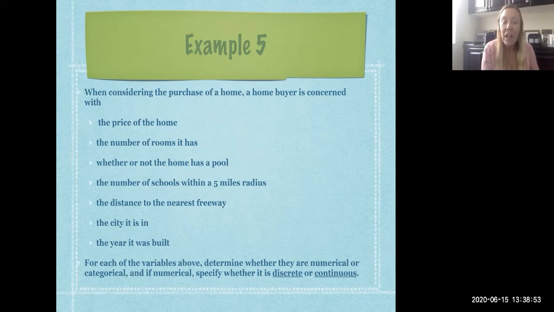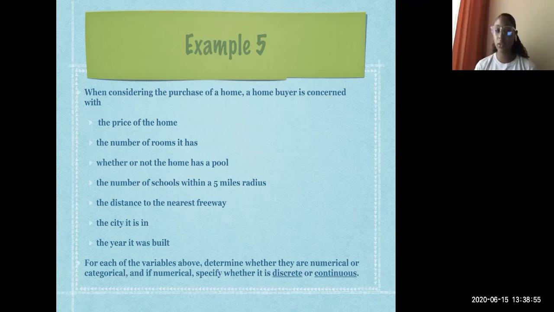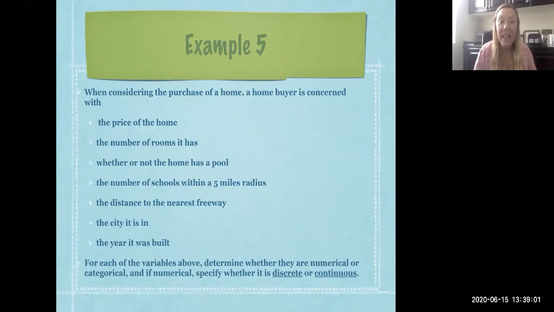Okay. I could see why it's numerical, because it's a year and that's numbers. But again, that one's kind of one where it depends on how you argue it. Because it's saying the year it was built, you could argue that it's categorical, but also you could say it's numerical.